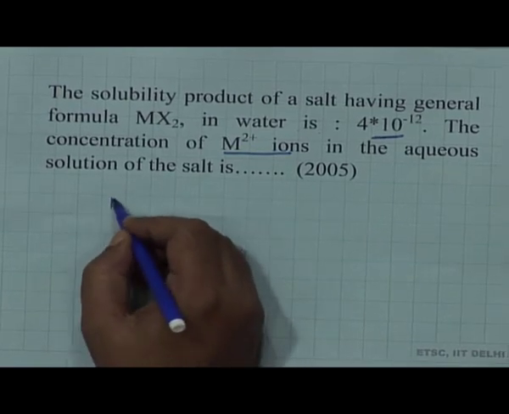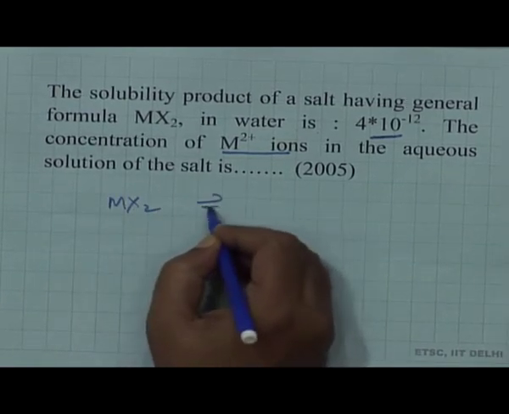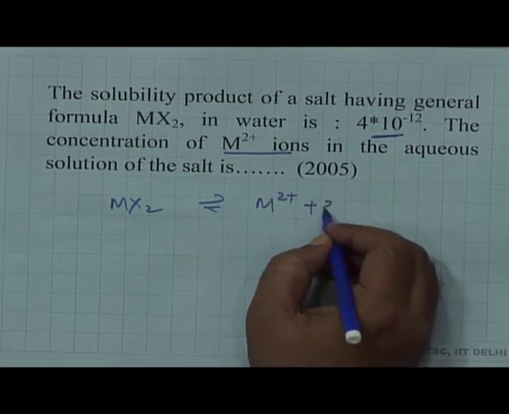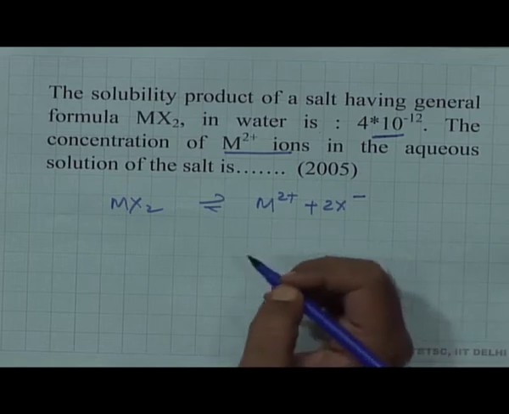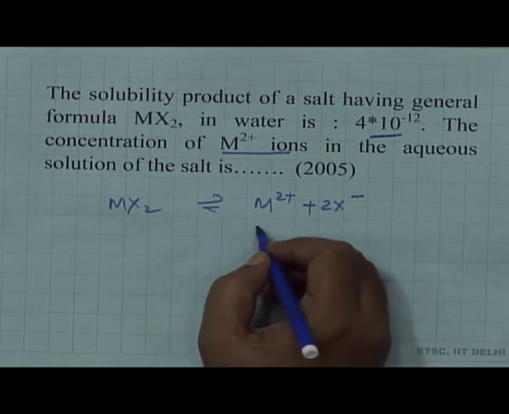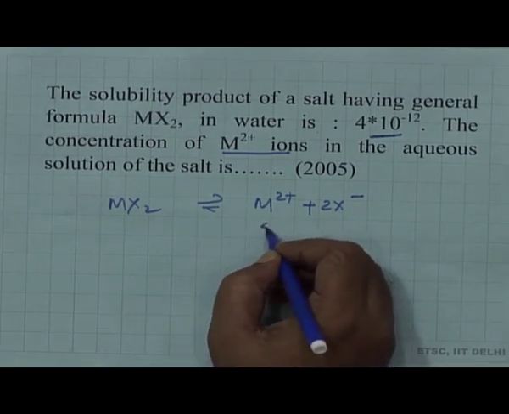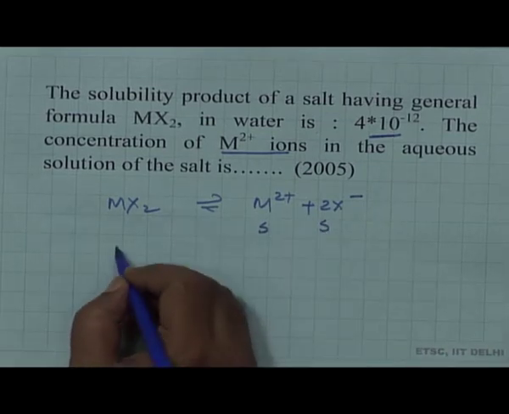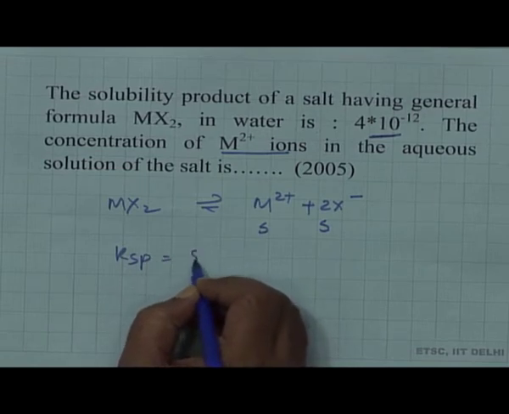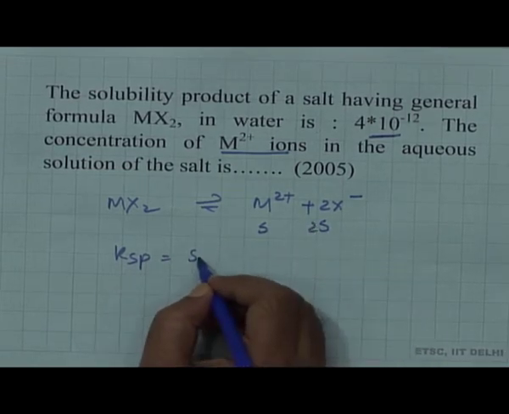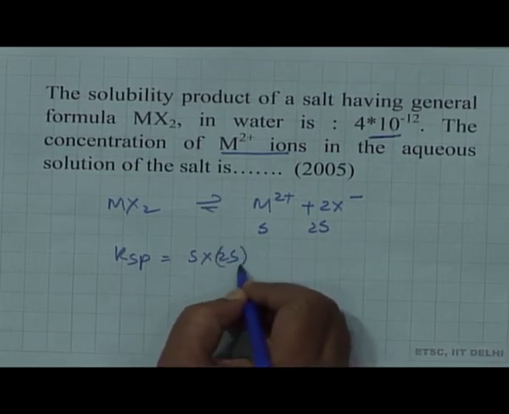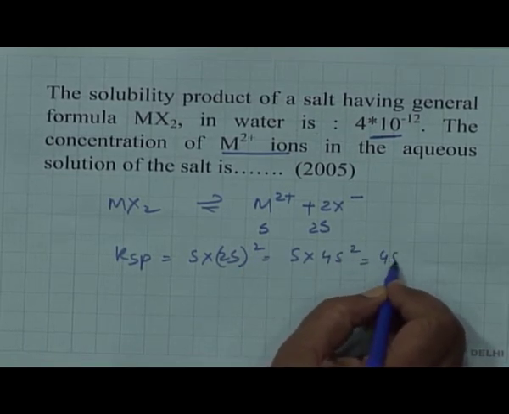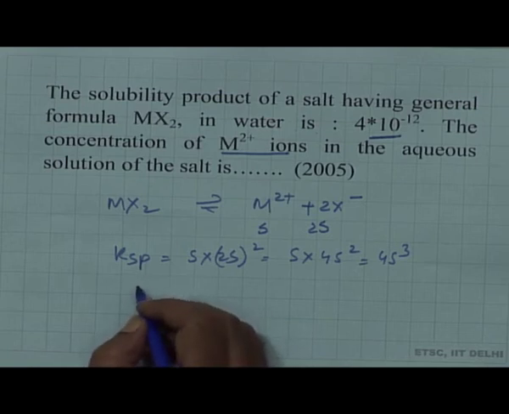So, again MX2, if this breaks, M2+ and 2X-, so if solubility is S, then Ksp will be S into (2S) square, and this is S into 4S square, 4S cube.